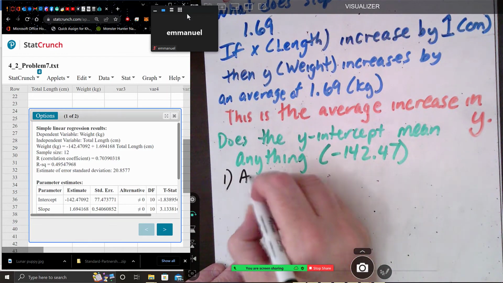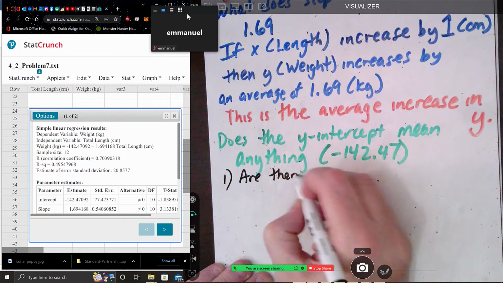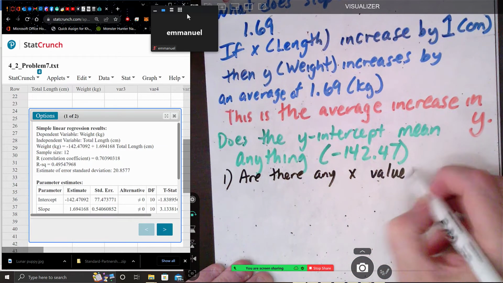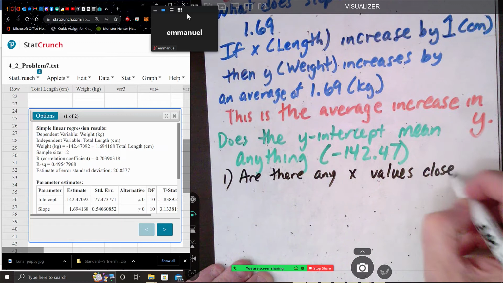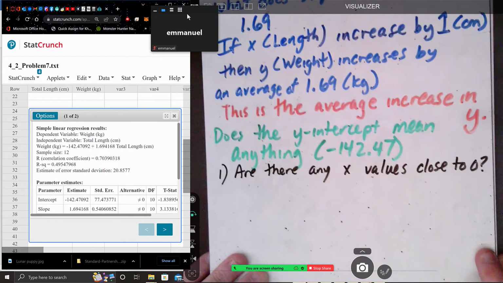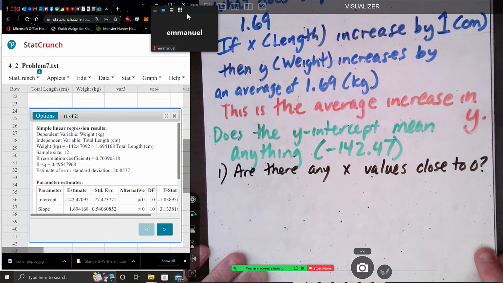Are there any x values close to 0? That way, are we in the right range? This 120 to 165 was not. But if we were looking at something that had like 0.5 to 3, well, 0 is pretty close to it, and so that's reasonable.